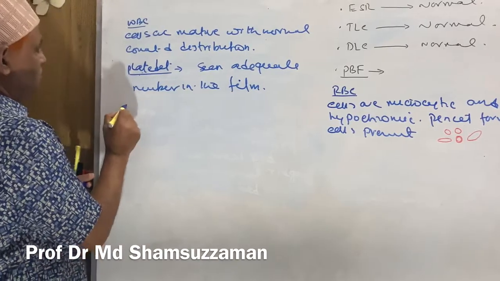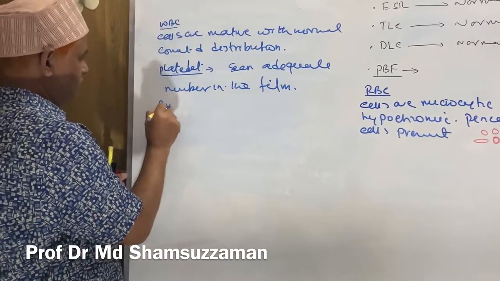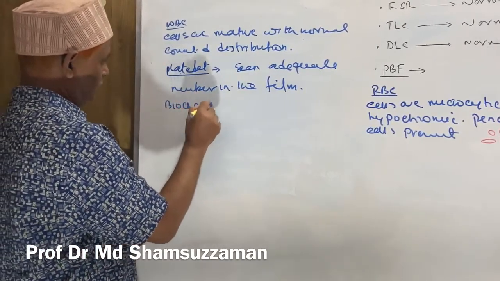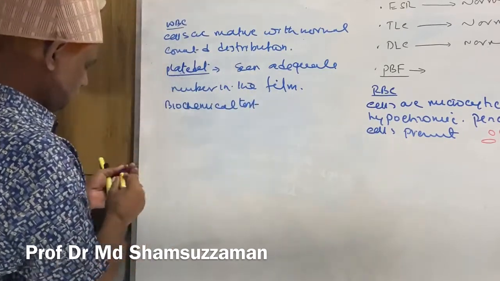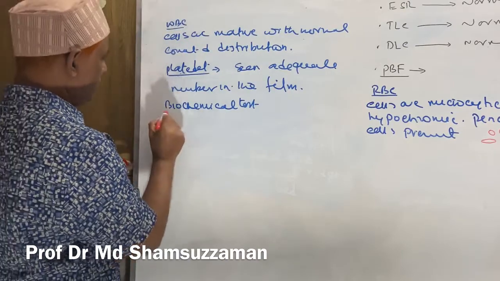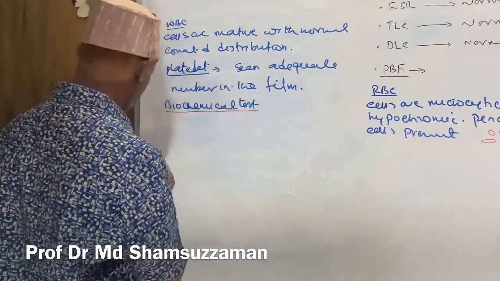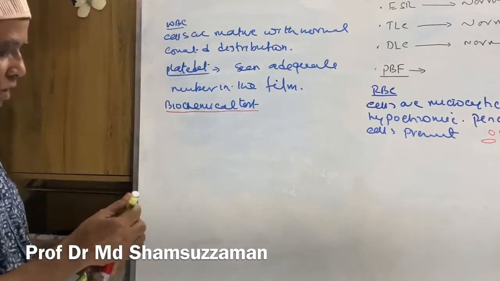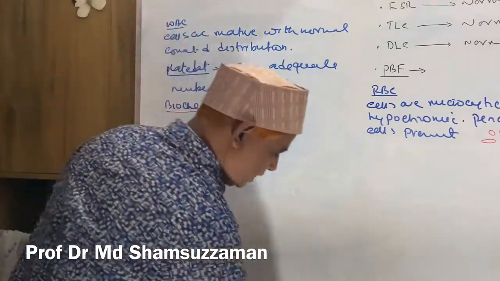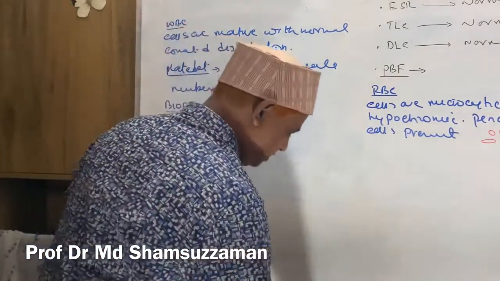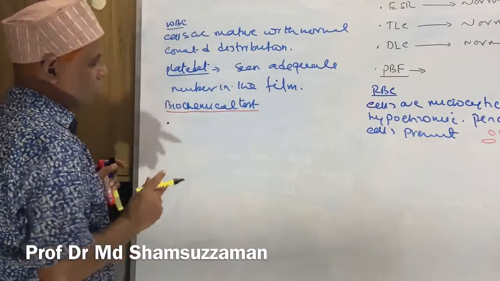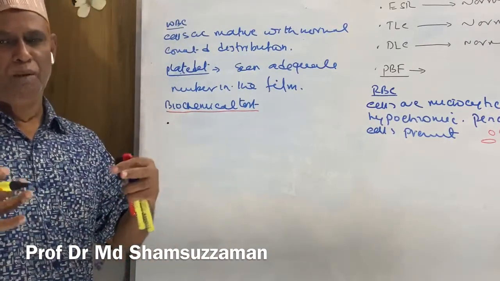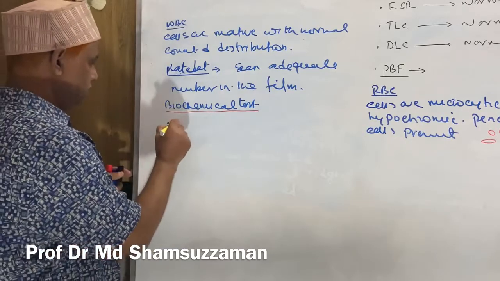Now come to biochemical tests. What biochemical tests will we do? Dear audience, it is a case of iron deficiency anemia. So first we have to know about the serum iron level.